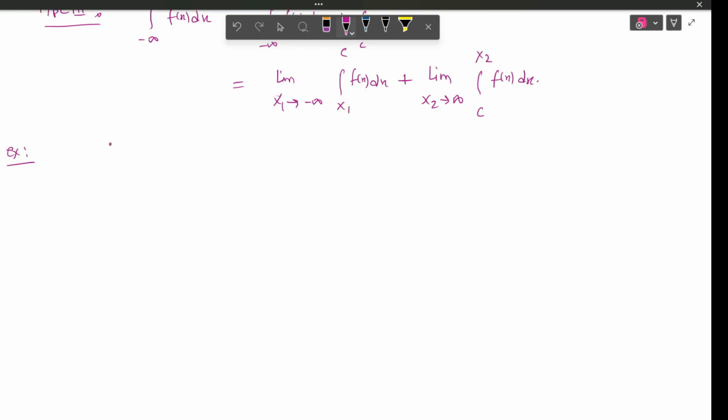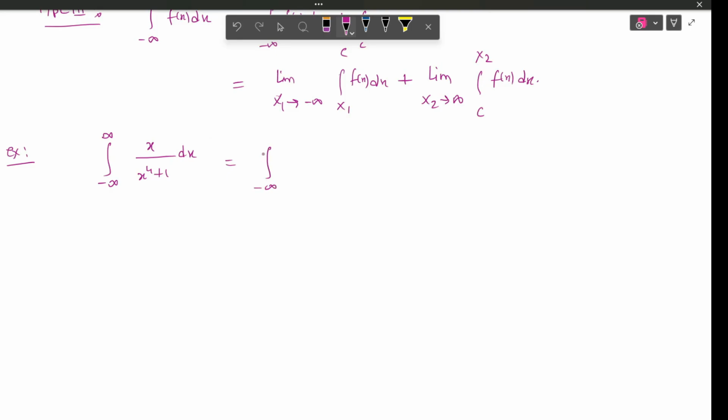Let us say we have to evaluate this integration minus infinity to infinity x by x to the power 4 plus 1 dx. We can clearly see that this is an improper integral where the lower limit and upper limit both are infinite. So we have to break this at an intermediate point c.